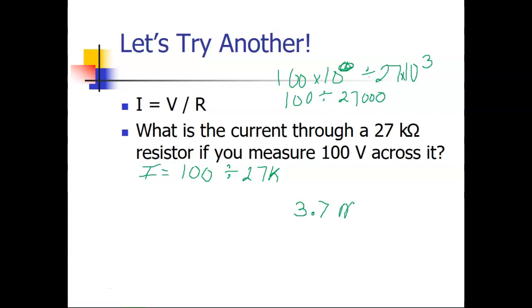So I've got milliamps because it's 3.7 times 10 to the negative 3. You'll see that? Okay, I did that backwards. I know. Believe you me, I've done it a few times myself.